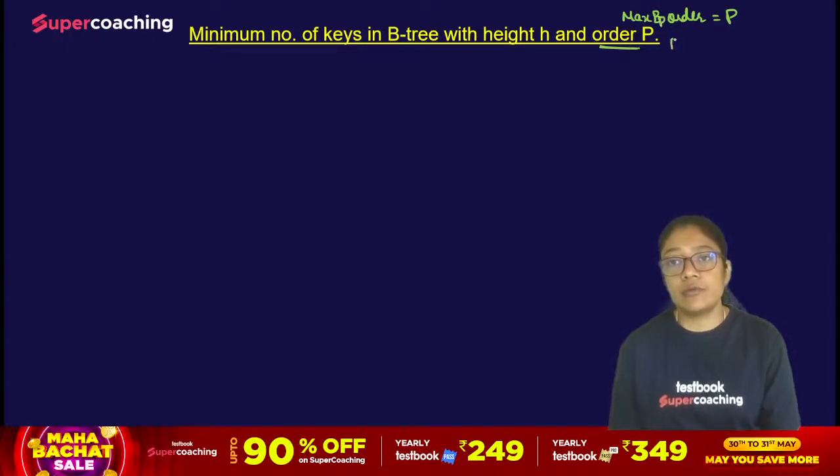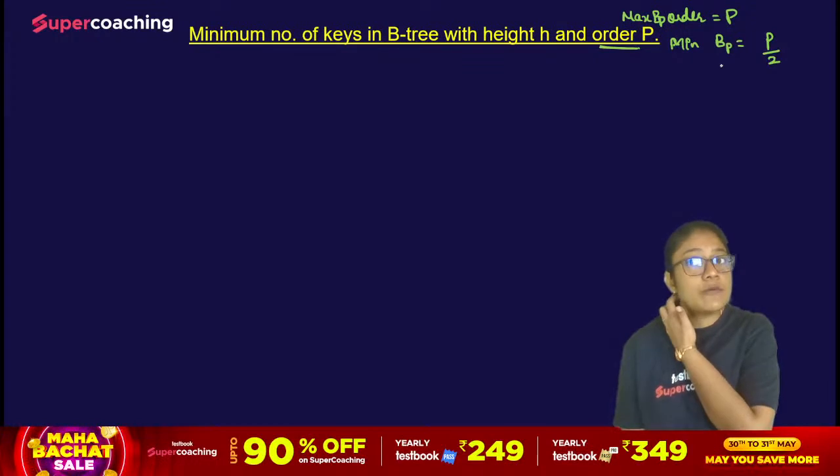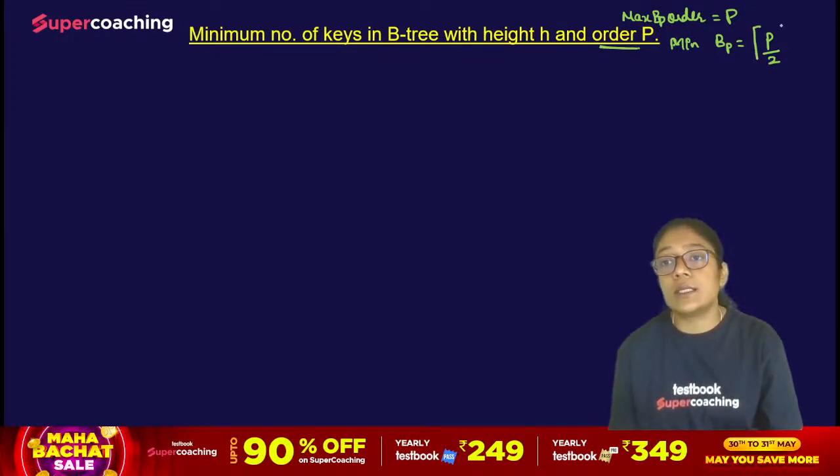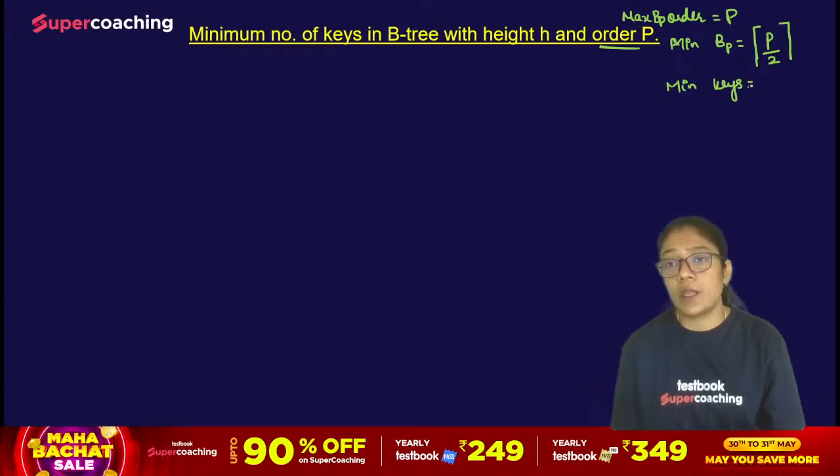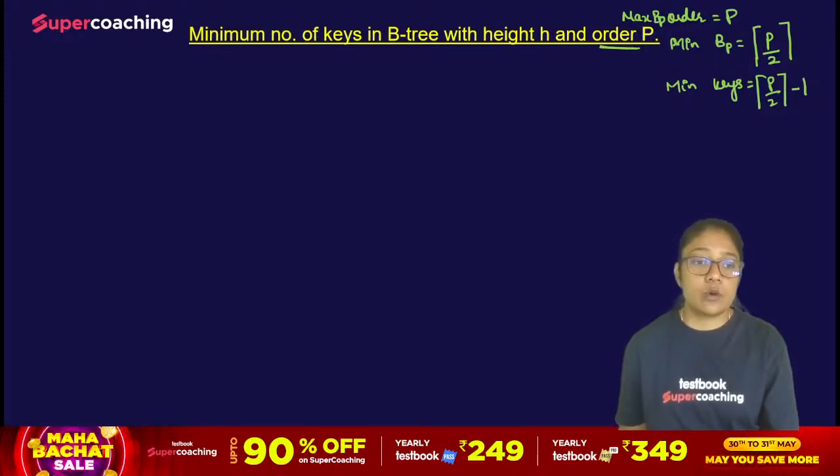On the basis of this, we can get the minimum block pointers. How many will there be? p by 2. But if a fraction comes, then we have to take the ceil value. If minimum number of block pointers are p by 2, then minimum number of keys in a node will be p by 2 minus 1. Right? So let's follow that concept.